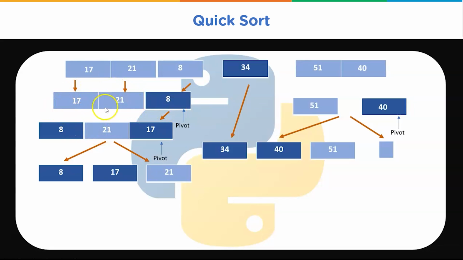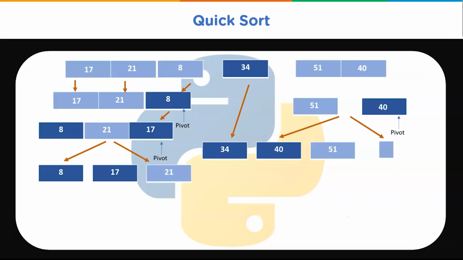So J will move ahead and I will move ahead, and then 21 and 17 will swap each other. So the final will become 8, 17, 21. Here we only have one element of 51. Okay, 51 and 40 will swap amongst themselves as pivot and they will align themselves.